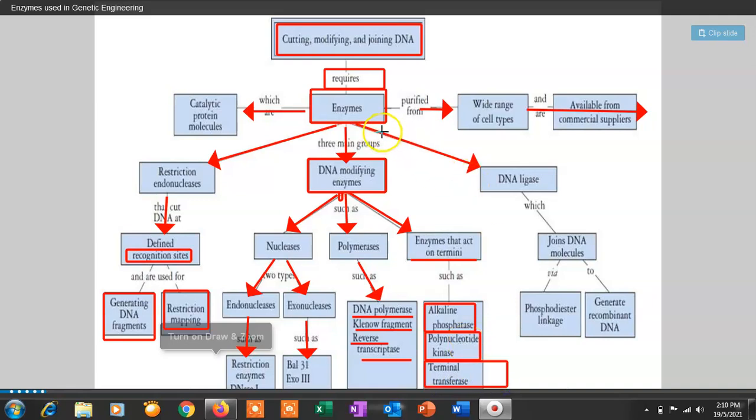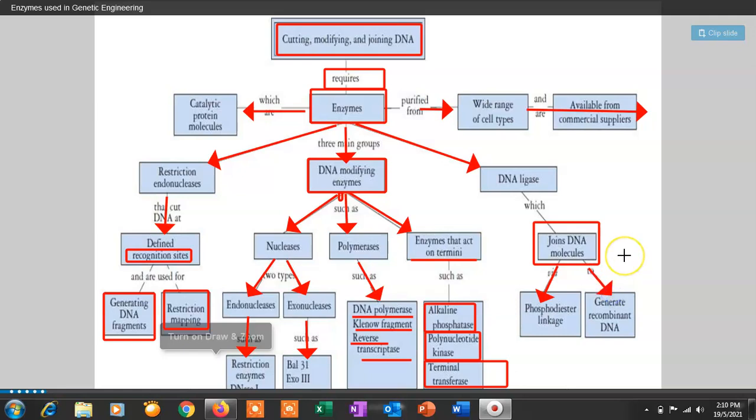The third type of enzyme used in cutting, modifying and joining of DNA is DNA ligase. This enzyme joins DNA molecules or fragments of DNA by phosphodiester linkage, forming a phosphodiester bond between nucleotides, and generates recombinant DNA.